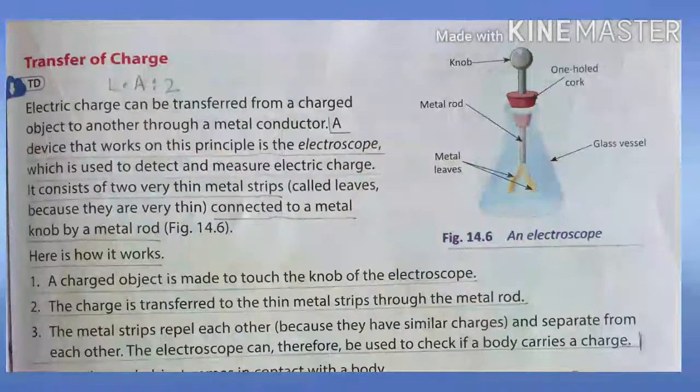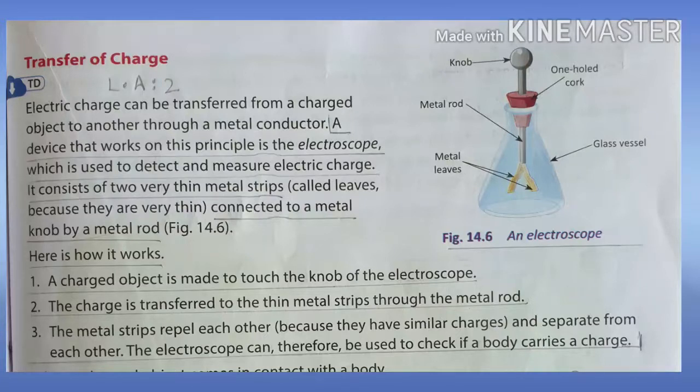Now we'll be moving to long answer 2. Students, it is on page number 209. What is the question? What is an electroscope? Draw a labelled diagram and explain how it works. On page number 209, see on the top, transfer of charges.